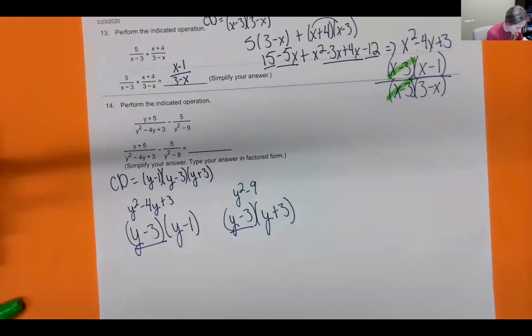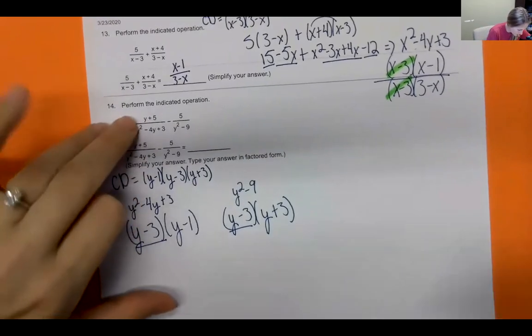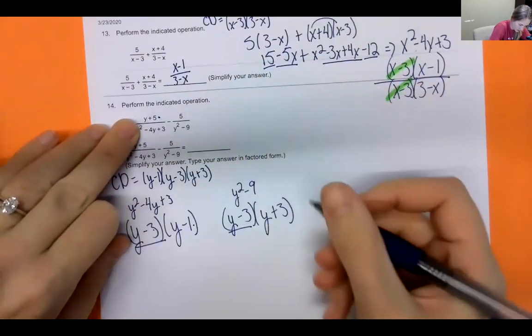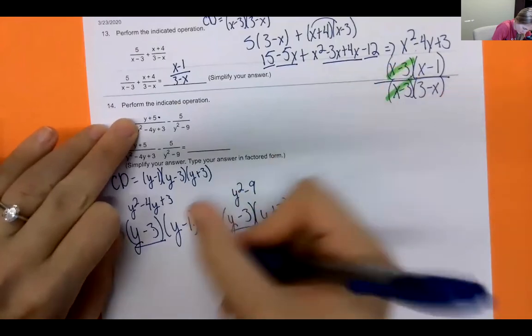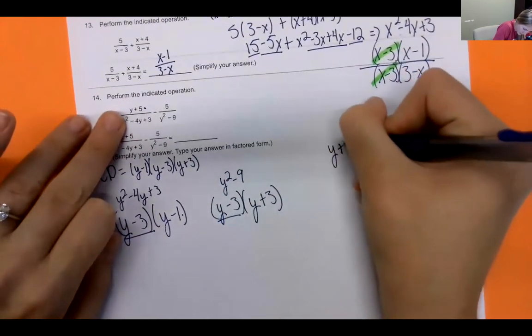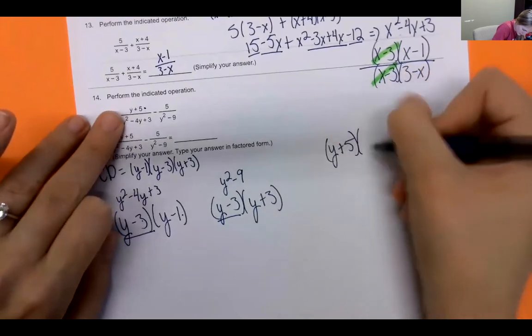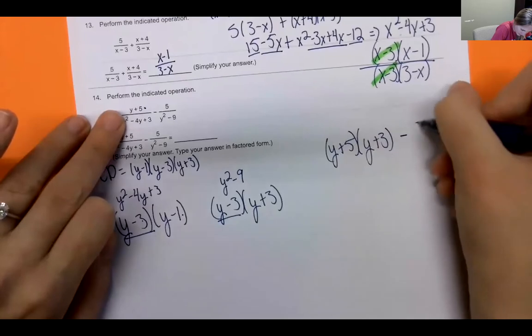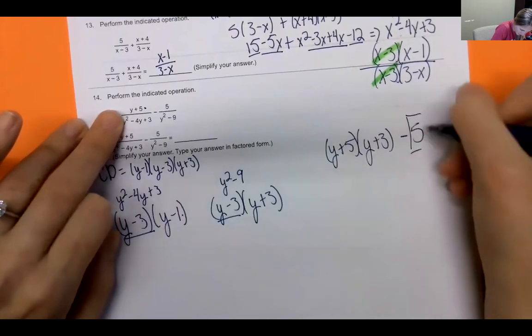Okay, so this one here, this y plus 5 is over y minus 3 and y minus 1. So I'm going to have to do, where do I want to do this? Y plus 5 times y plus 3 subtract, and I'm going to bracket that 5.